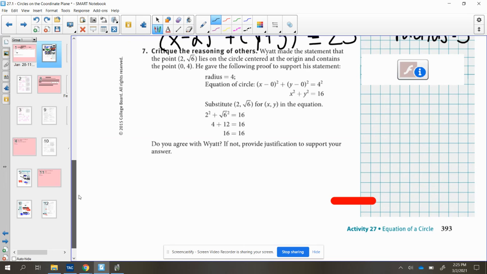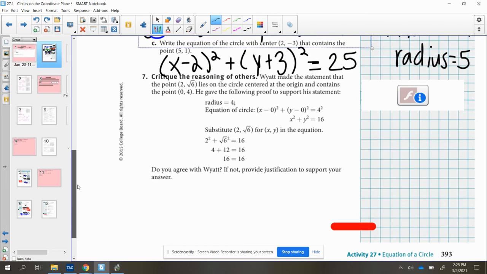Okay, and our final piece for today is we want to be able to check, once we have the equation of a circle, certain points on the equation of the circle. So once we found this equation of the circle, they want us to check is 2 square root 6 on that. And when we substituted it in, we would check, okay, yes or no. Now, the problem with number 7 is when we substitute this in, and we're checking through his work, he's plugging in x and y. Okay, that's great.